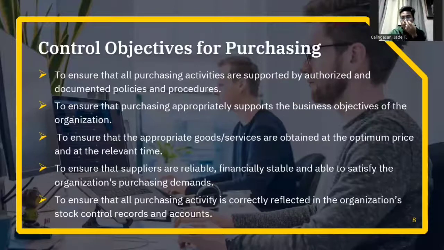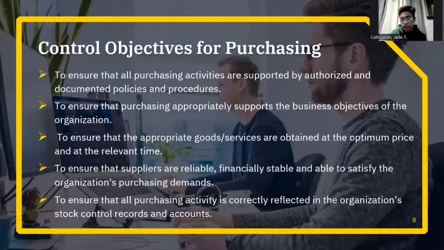And to ensure that suppliers are reliable, financially stable, and able to satisfy the organization's purchasing demands. Bakit ba kailangan maging reliable and financially stable ng supplier? Tayo naman mismo yung nagpo-produce ng product, di ba?